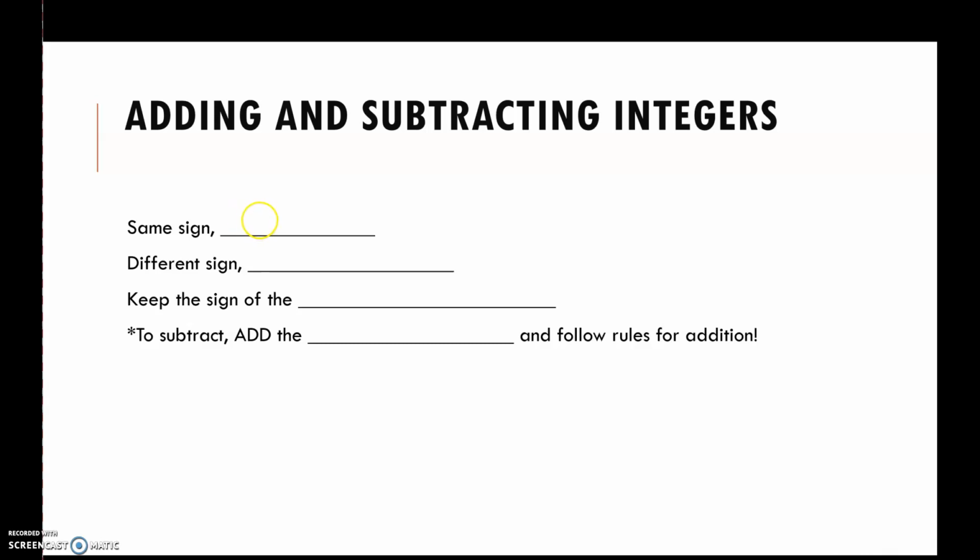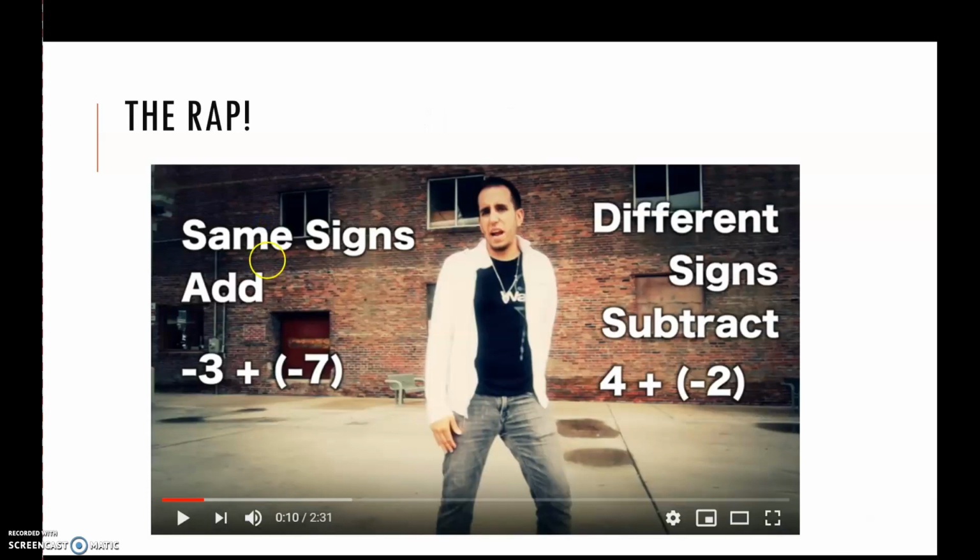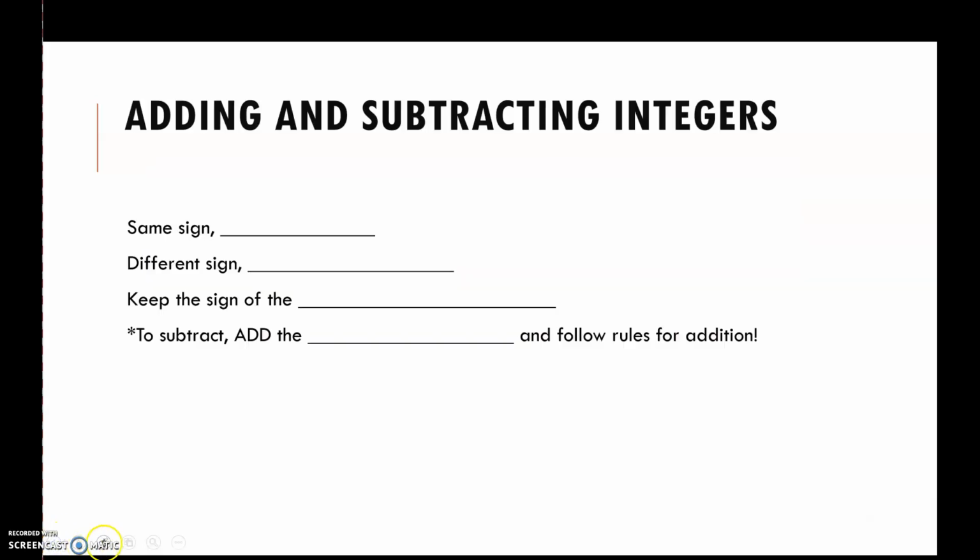So same sign add. Okay, so if they're both positive or they're both negative, we're going to add them. Different sign, we're going to subtract. Okay, and then we're going to keep the sign of the biggest one.